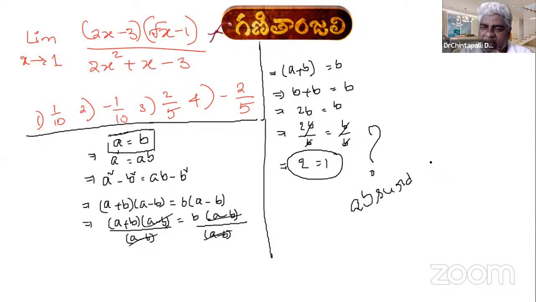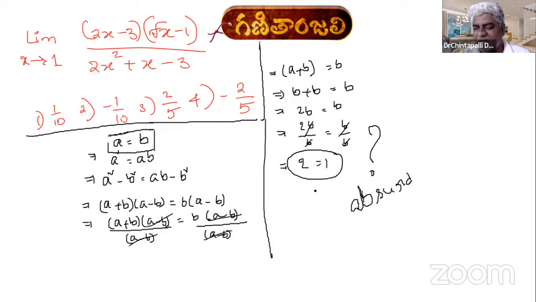Why did we land with an absurd conclusion? Because we made a mistake. But I'm sure I didn't make any mistake. Without a mistake, we can't get 2 equal to 1.